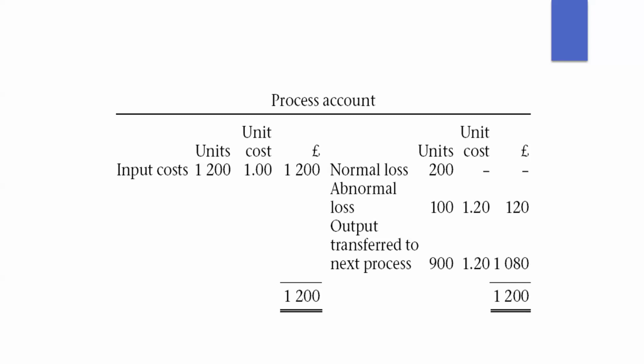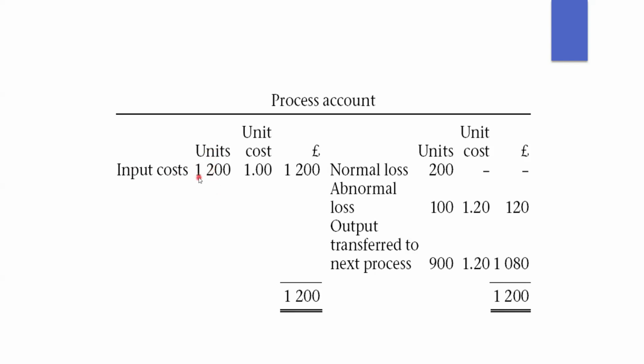Now, if we create a process account using this, it would be like this format. So here, what we are going to do is we are going to put the input cost. Here we have to put the column to represent units.